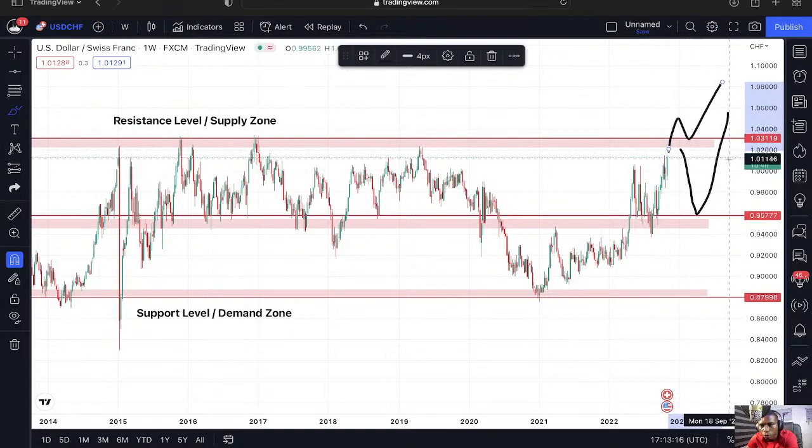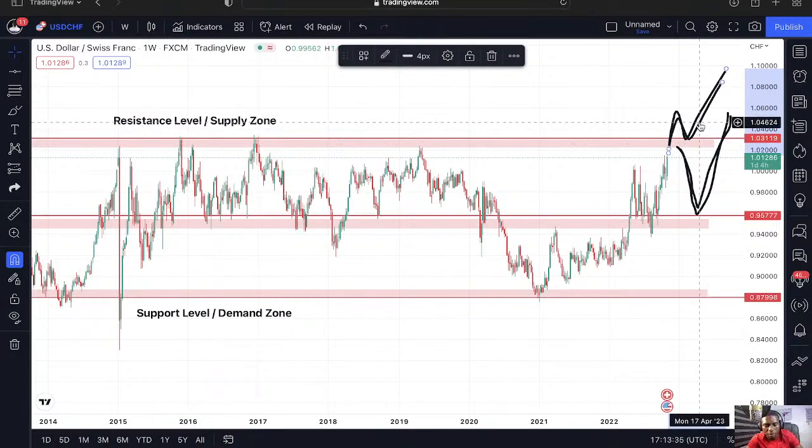Now these are the possible outcomes. Either price turns around from this level downward and moves up, or price breaks out, comes for a retest and then continues going up. So let's look out for opportunities that we can leverage on.